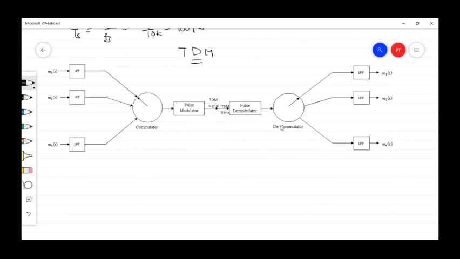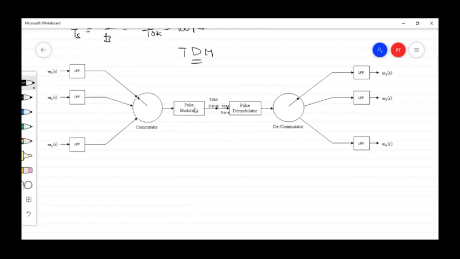The decommutator exactly performs the reverse operation. So if you look at the entire TDM system, when the commutator is connecting to M1, here this decommutator is connecting to M1. And if the commutator is connecting to M2, at that time the sample corresponding to M2 is transmitted.